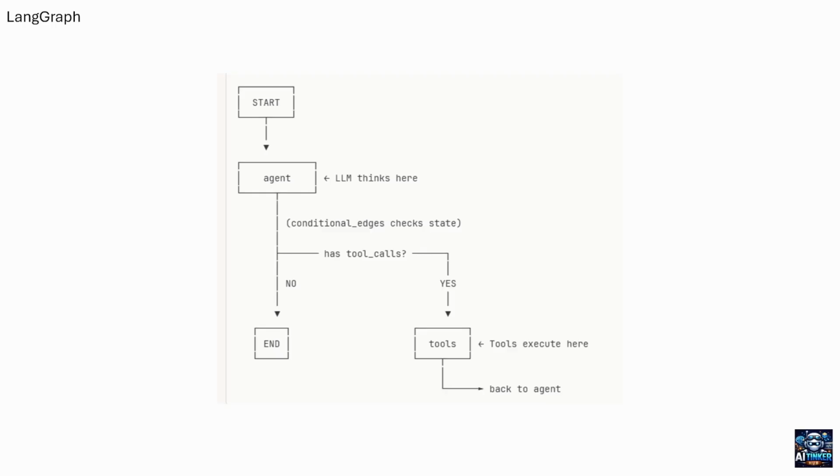LangGraph is nothing but an open source library. It's a framework built around AI, and it allows you to address one of the key problems with large language models. Large language models are stateless.